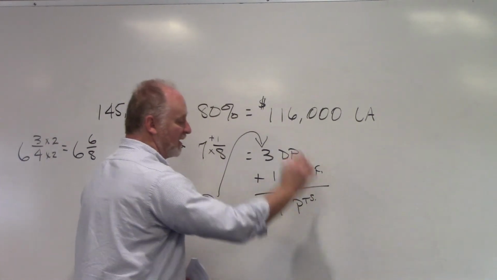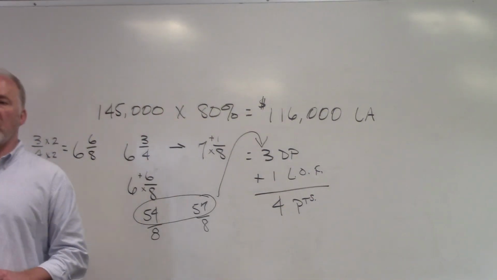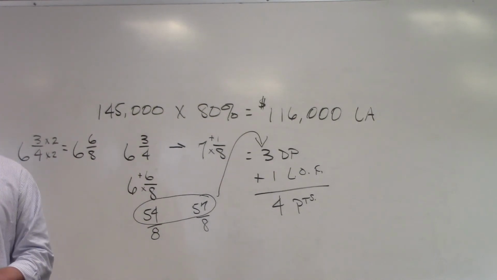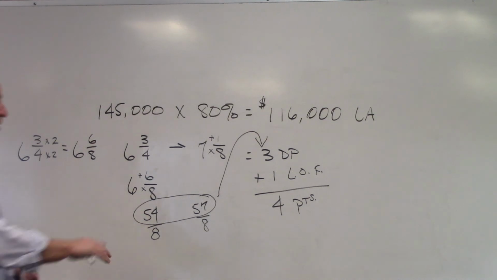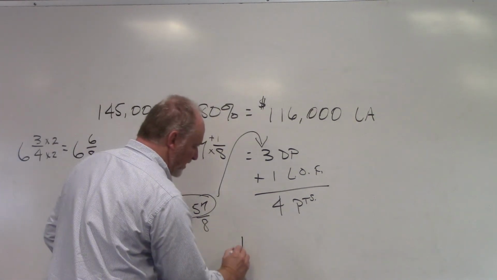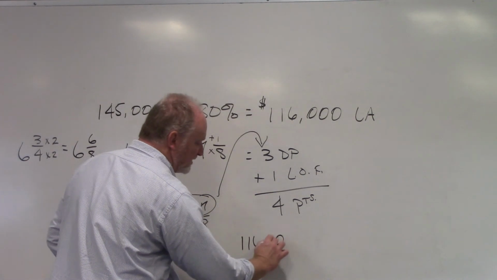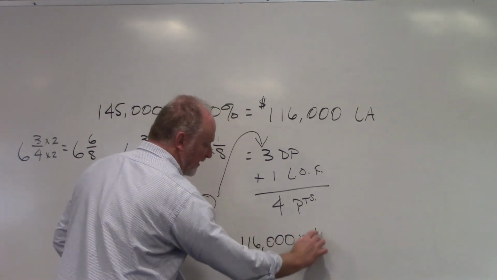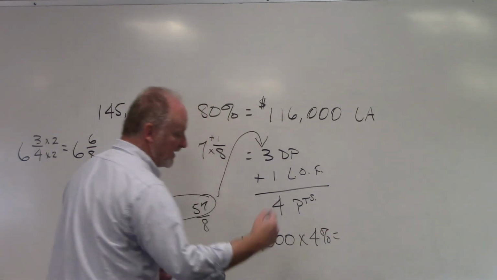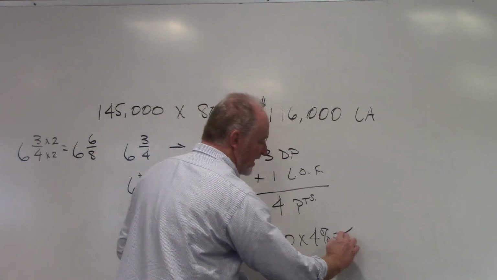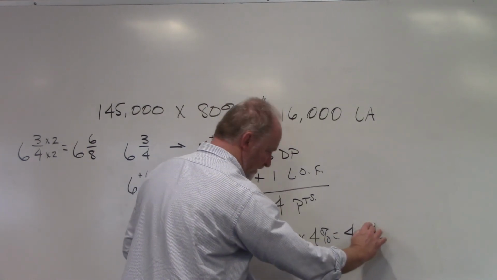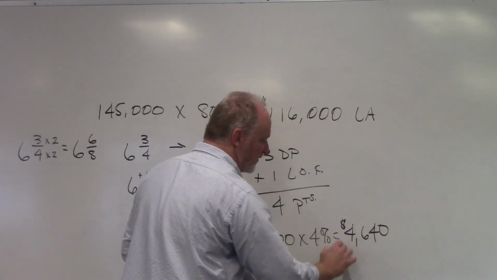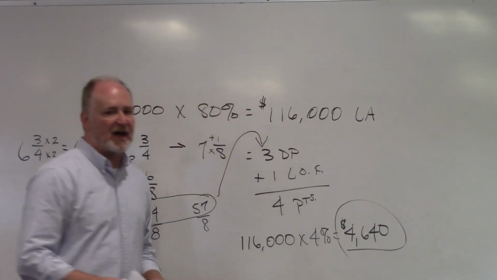And if 1 point equals 1% of the loan amount, then 4 points will be 4% of the loan amount. $116,000 times 4%, and of course you could have said times 1% and then times 4. It'll come out the same way. I believe that comes out to $4,640. Okay? $4,640.